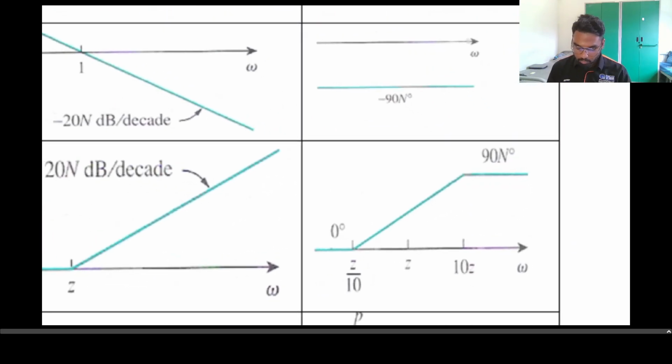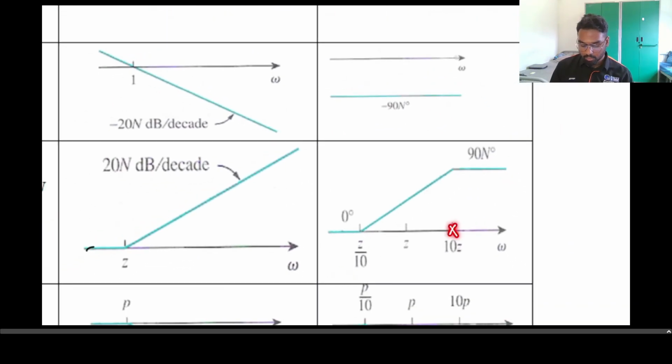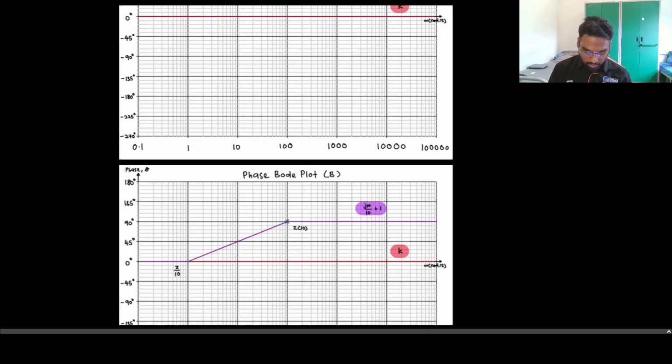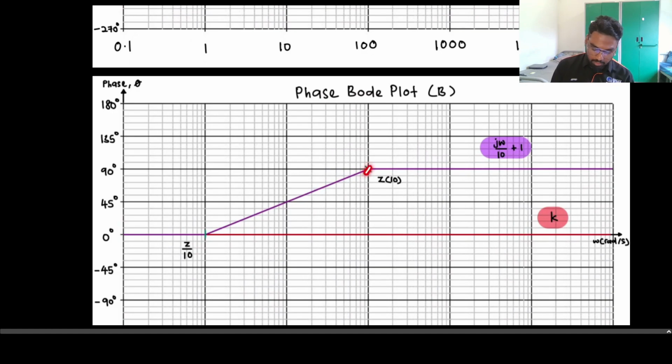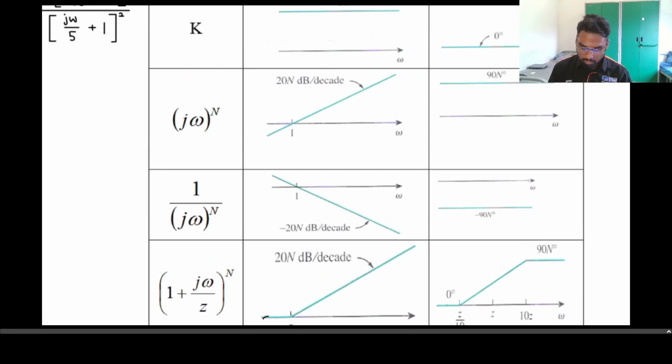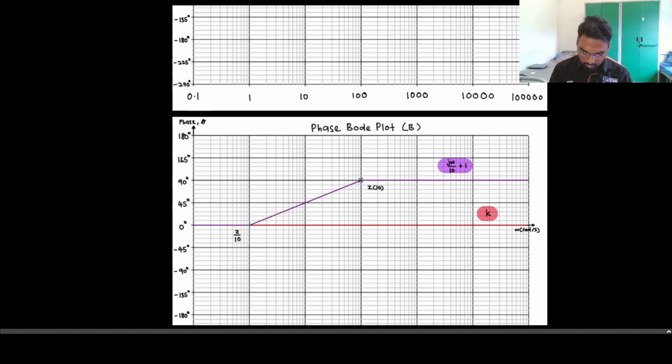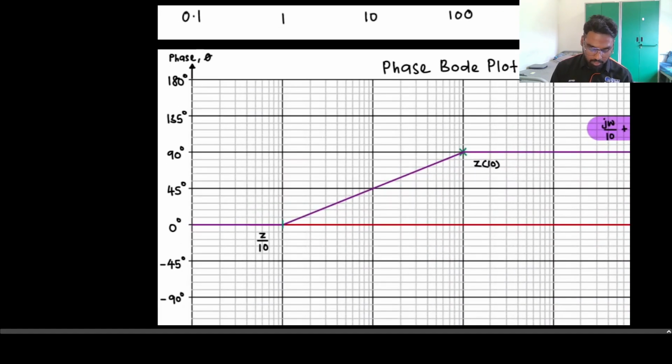The second coordinate will be 10 times z, which is 10 times 10 equals 100. That will be our second coordinate, but this time it's going to be across 90 angle. Using these two coordinates, we will draw a straight line, and it should stop there, and it will change back to a straight line until it reaches the z over 10, it should also be a straight line from 0.